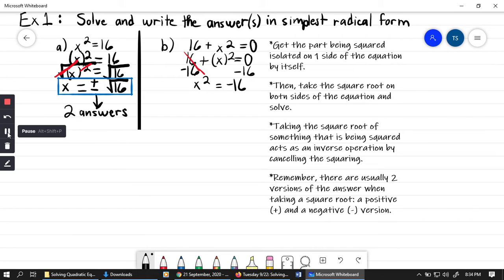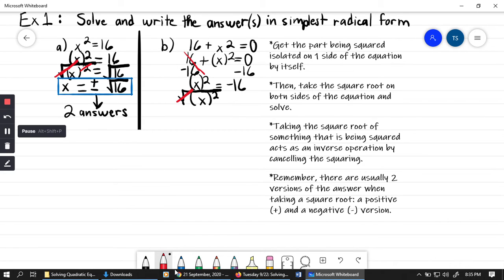Now that we've got the part that's being squared by itself, we're ready to take the square root on both sides of the equal sign. Remember that when we are taking the square root of something that is being squared, like what we're doing here, that square root cancels out.